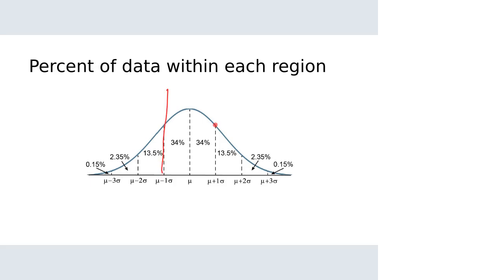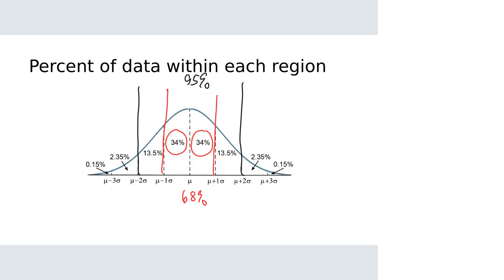We know 68% of the data is within one standard deviation of the mean. And we know the normal curve is symmetric. So that means there's 34% in here and there's 34% in here. Has to be. If it's normal data, that's where the data points are. And then, okay, if I go out to 2 standard deviations, that's where 95% of the data is.